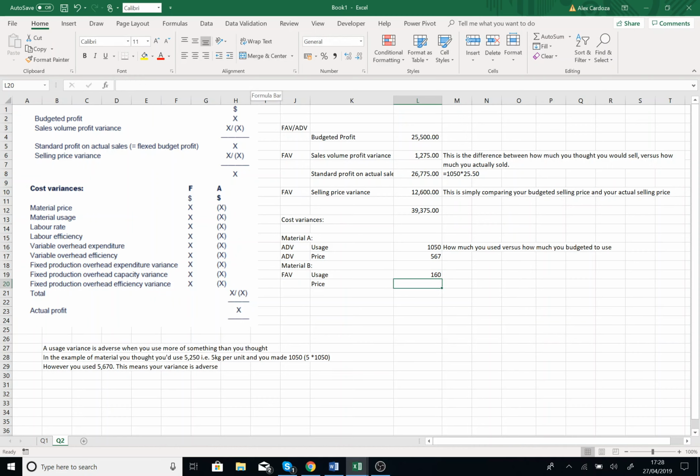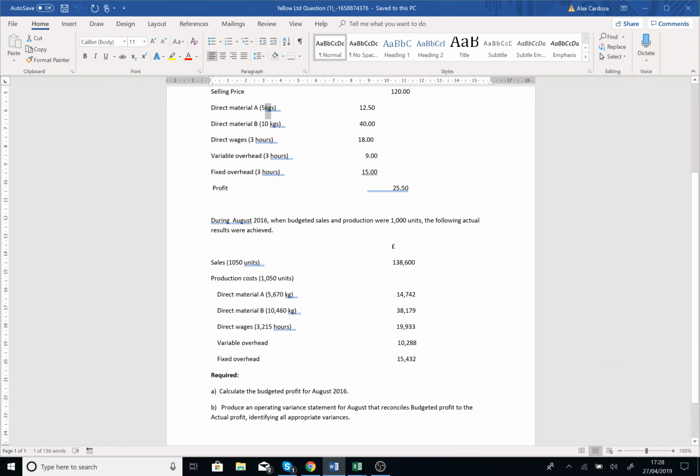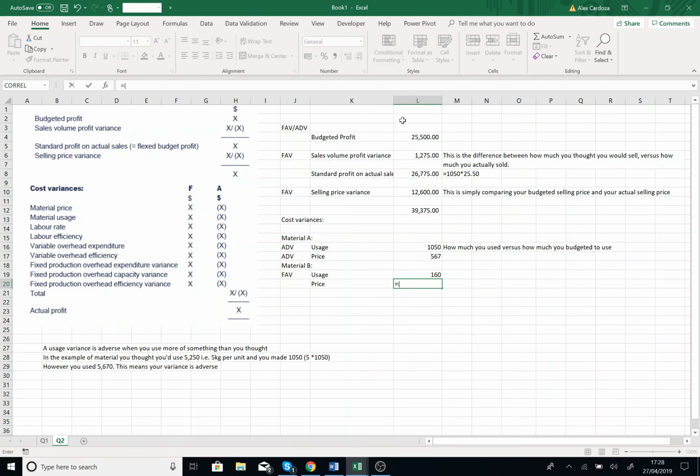So 160 favorable. Now the price variance. We know that it should have been 40 divided by 10.